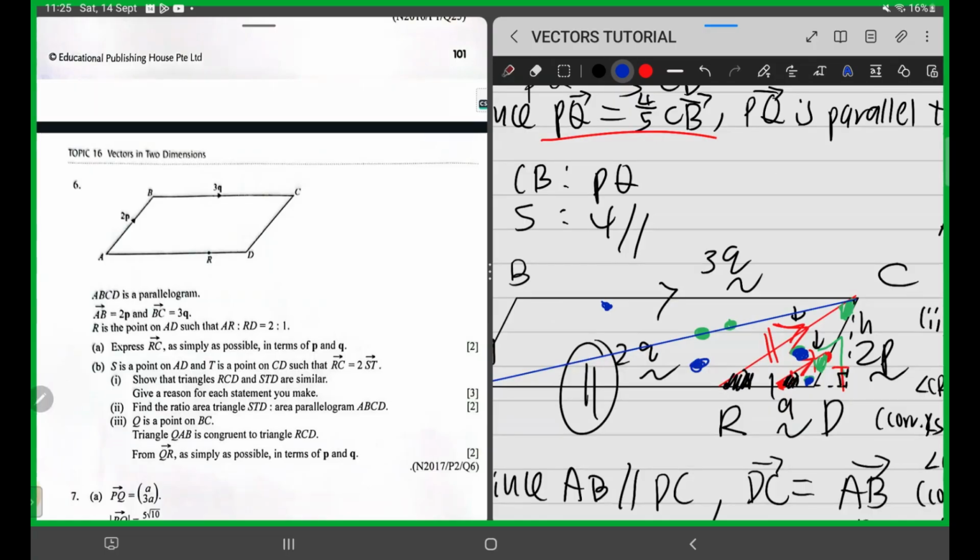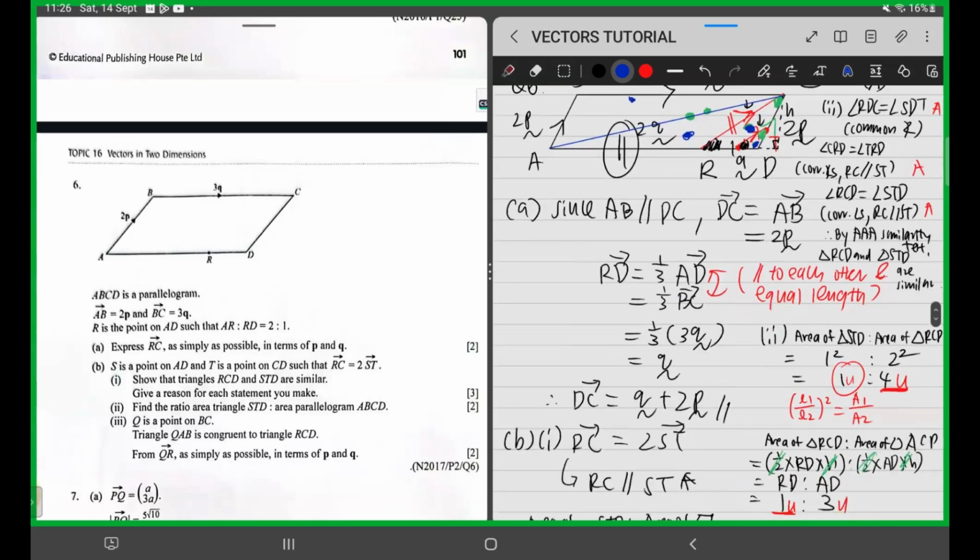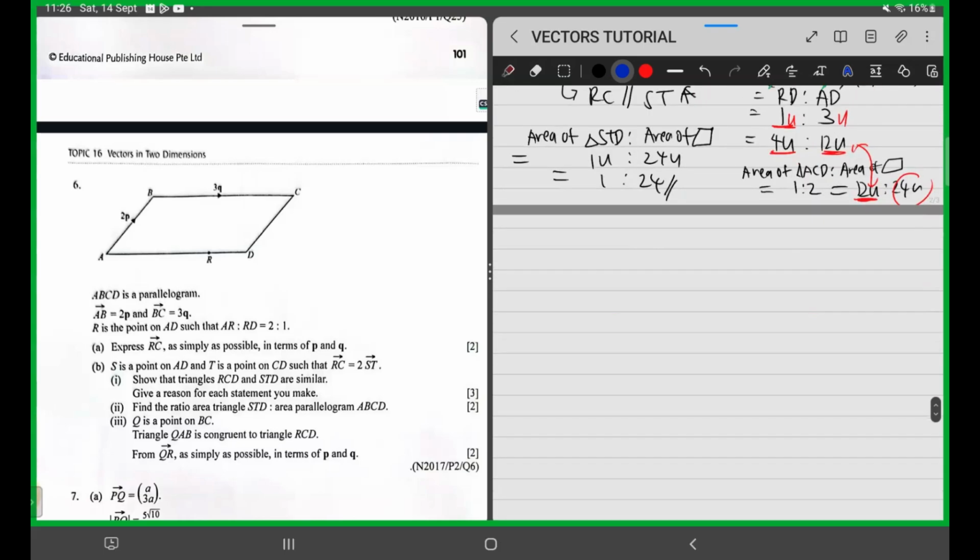And then once we have the whole thing, then we compare back to this one. So we just want to find the units, like how much is the area of each worth in units. Then we compare. So that's the analogy over there. And it's just 2 marks. So I would expect it to be more, but unfortunately it's just 2 marks.